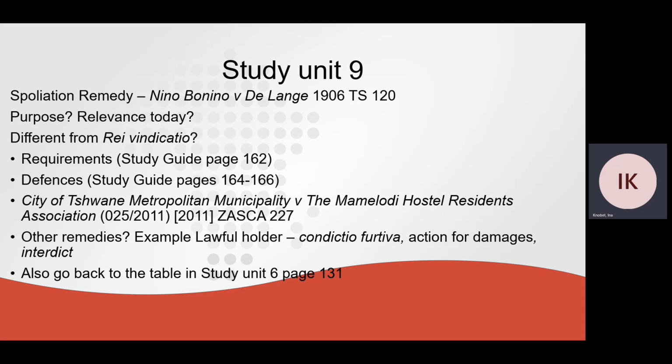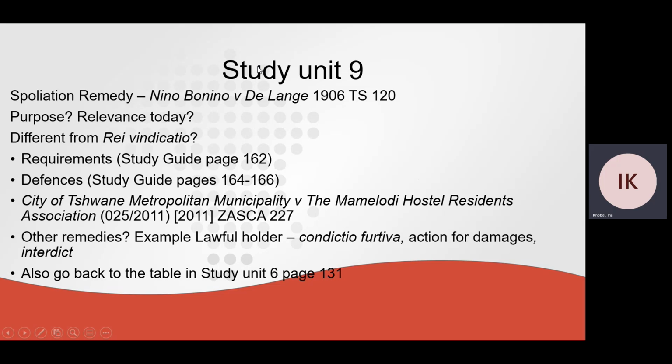It's the classic example of a person renting a property and then for some reason either not paying the rent or contravening the lease agreement. And then the landlord comes and changes the locks of that property to make it impossible for the person who is leasing to access that rental property.